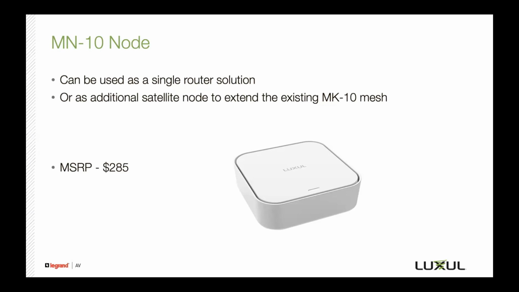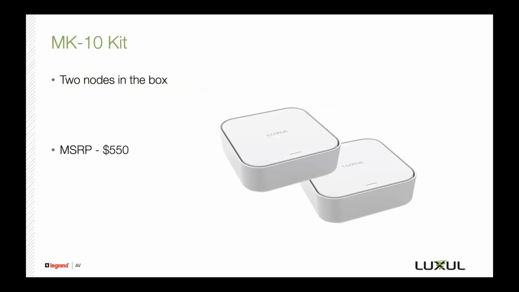It does gigabit WAN to LAN, so no speed issues there. It works really, really well as a router. And then, of course, there's the kit, which is the MK10, which is 2 nodes in the box. So you can start with one of those and then add more individual nodes if you need to. It's completely flexible and customizable to whatever you need.